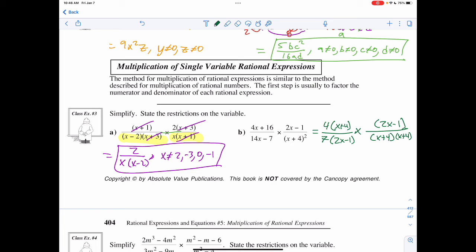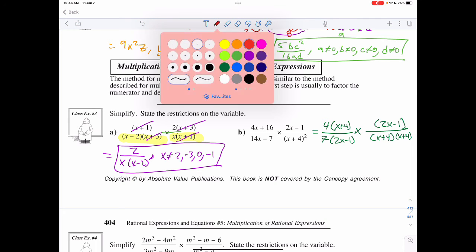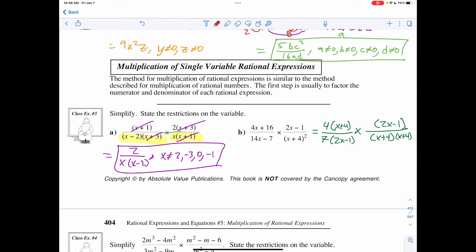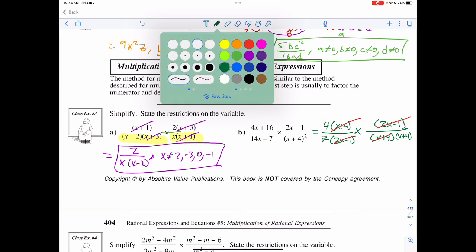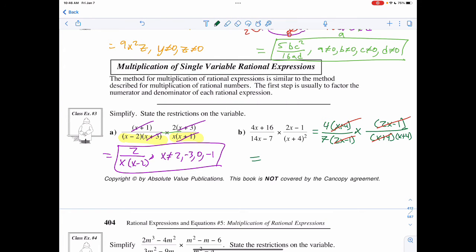And because it's a multiplication, I'm going straight across the bottom, straight across the top. I can cancel on either side. This is all going to leave me with 4 over 7 times x plus 4.